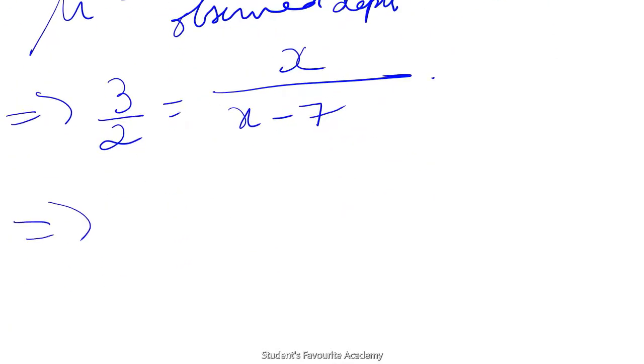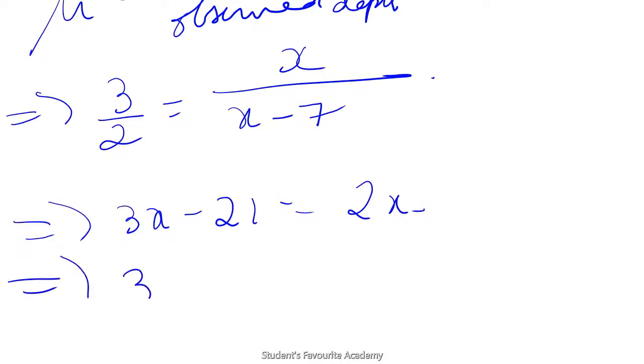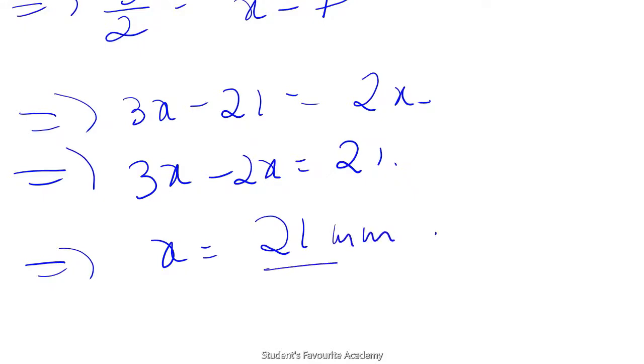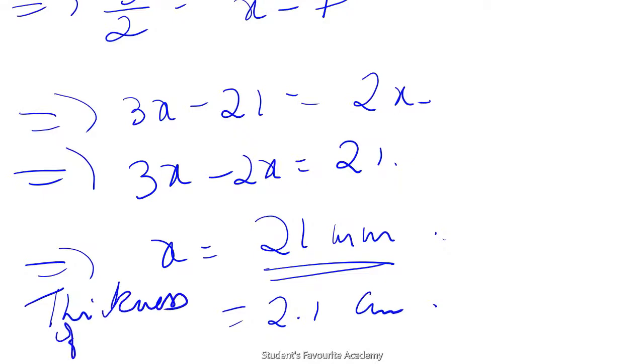So this implies 3x minus 21 is equal to 2x, implies 3x minus 2x is equal to 21, or x is equal to 21 millimeter. So what is our x? The thickness of the slab, that is equal to 2.1 centimeter. So that is the answer.